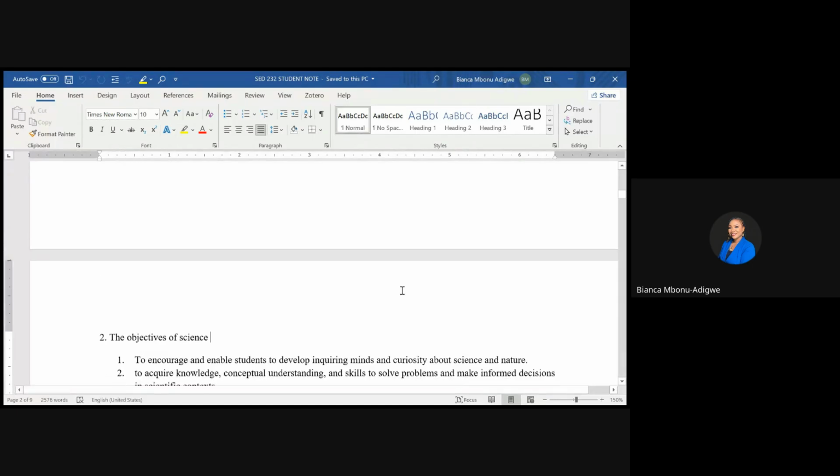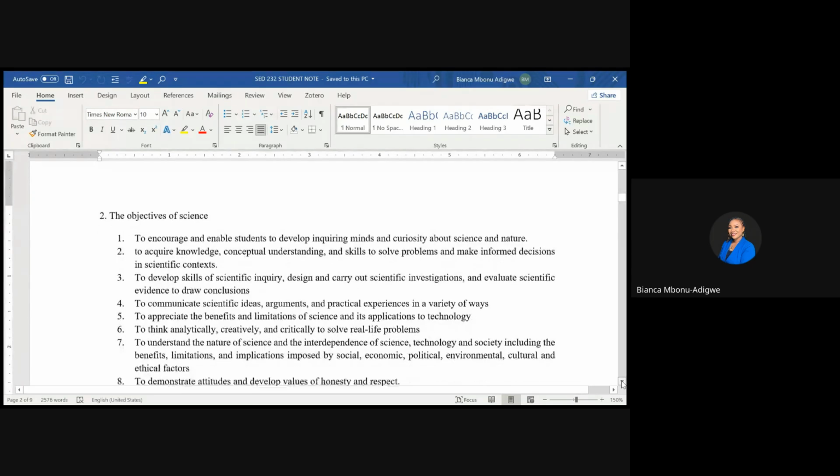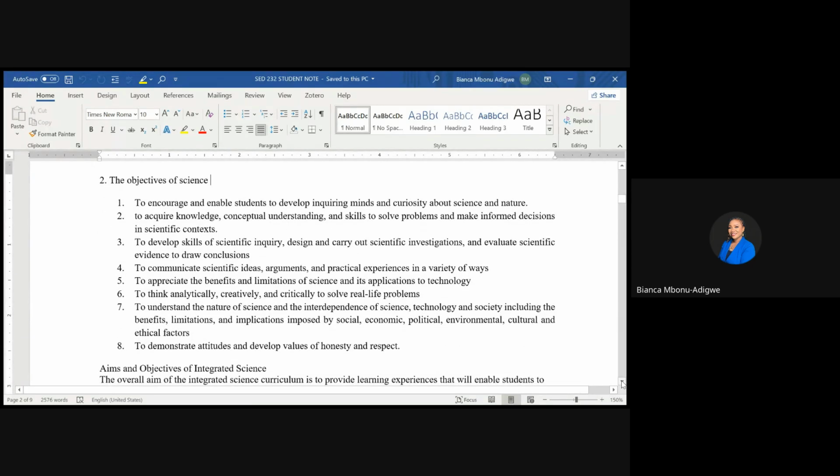Okay, now that we have listed the objectives of science, that is the reasons why we teach science, I want us to look at the aims and objectives of integrated science. I'm just going to talk about the overall aim. Why do we teach integrated science?